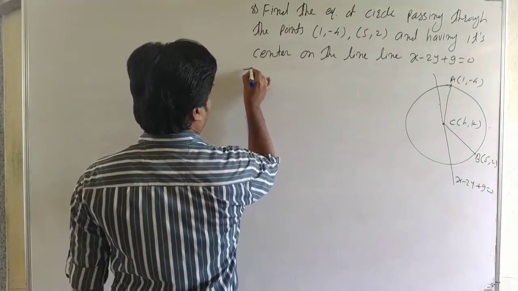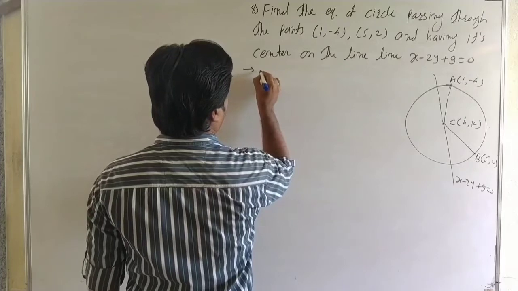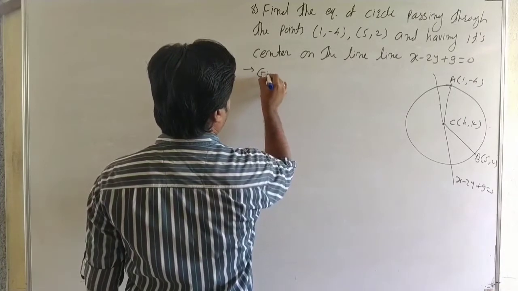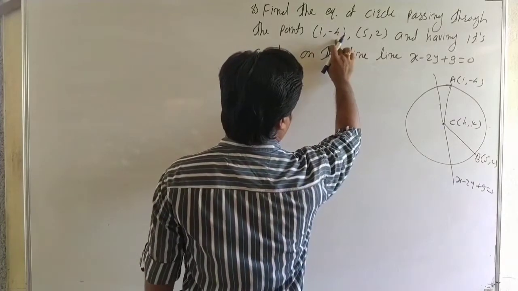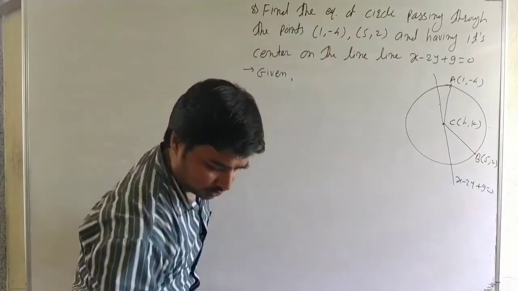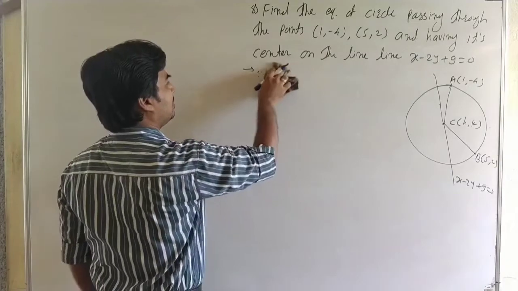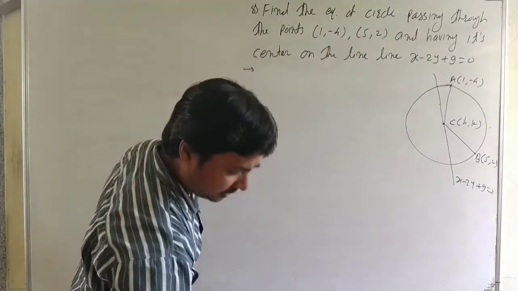Here, first, the given points on the circle are (1, -4) and (5, 2). We first consider the center of the circle.